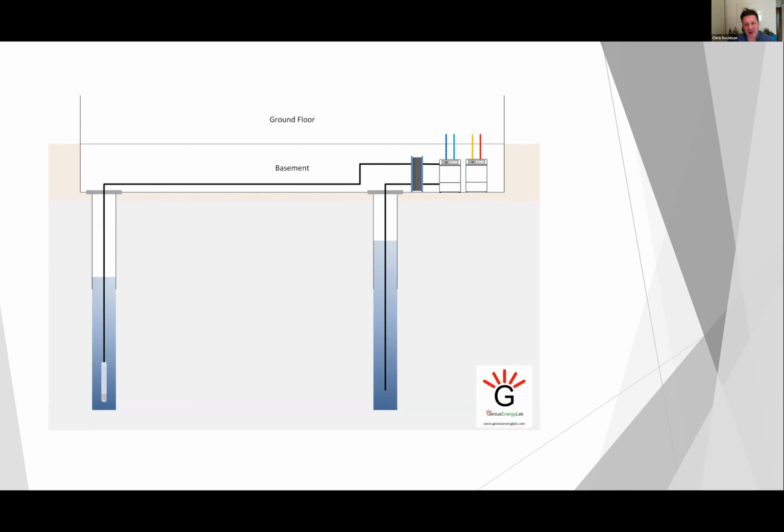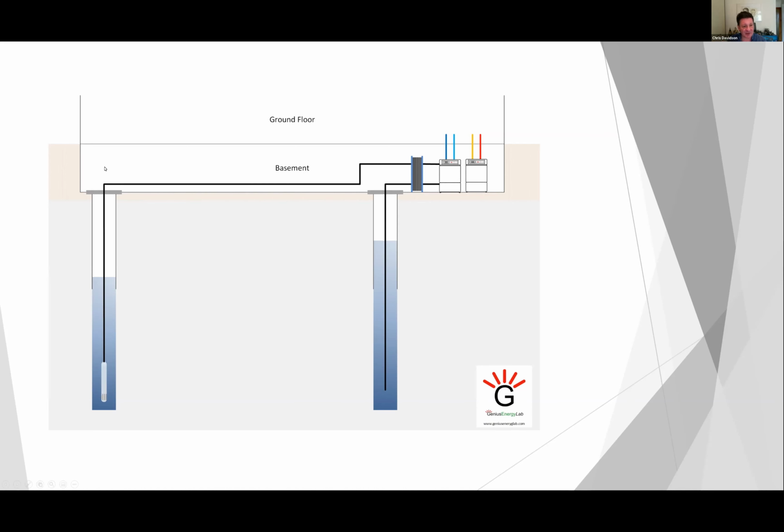So to talk about what a typical system looks like, and this is an absolutely typical open loop ground source system. This one happens to have boreholes under the basement of the building, so probably installed during the build of a city centre building where we've got no space outside, and that's perfectly doable, done it many times myself.